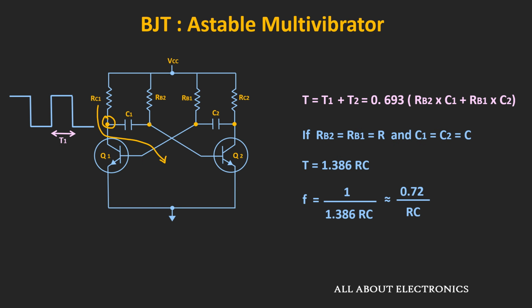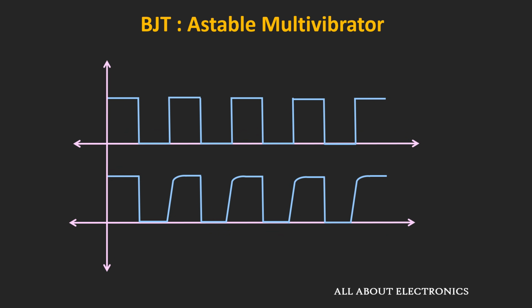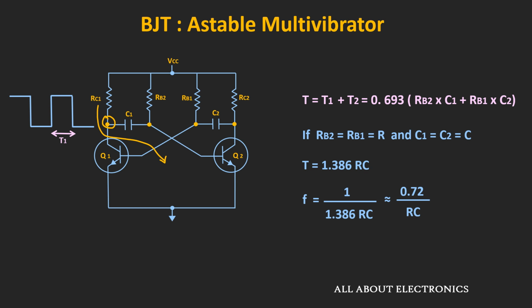So due to this charging effect of the capacitor, the waveform will look like this. By properly selecting the value of this collector resistor, it is possible to improve the shape of the output waveform. And further it can be improved by introducing diodes in the given circuit. So if you require, then I will provide a separate note for that improved circuit.